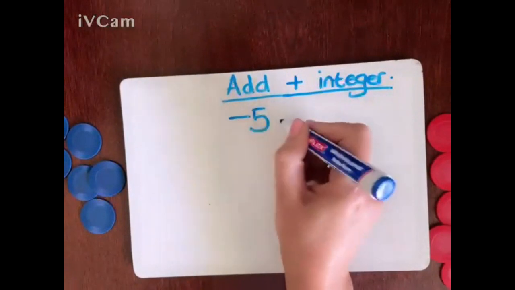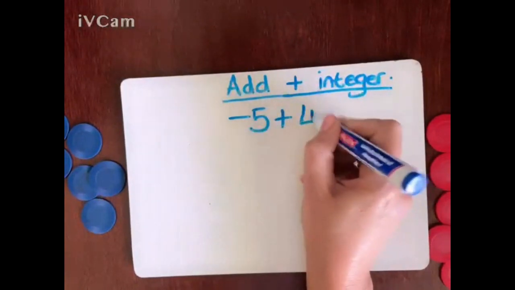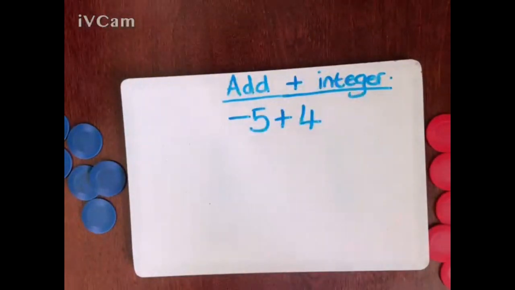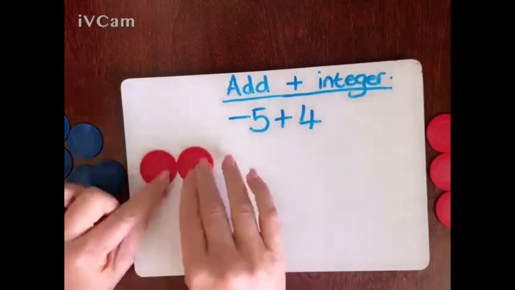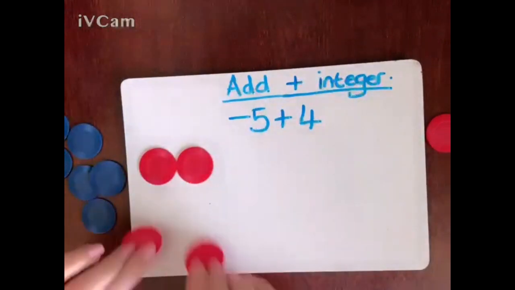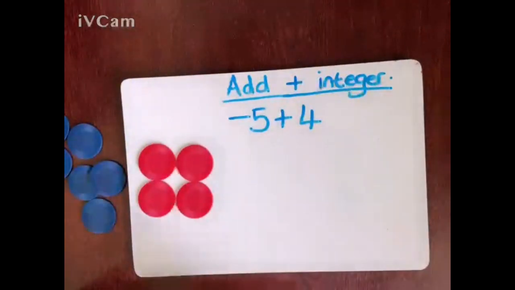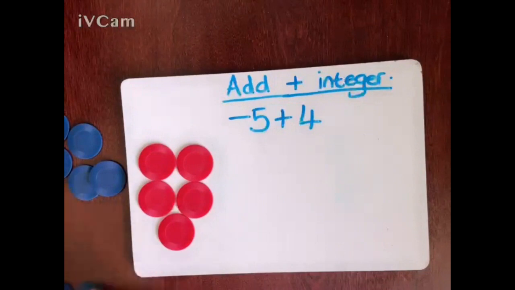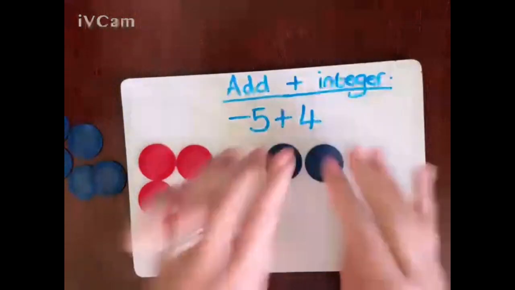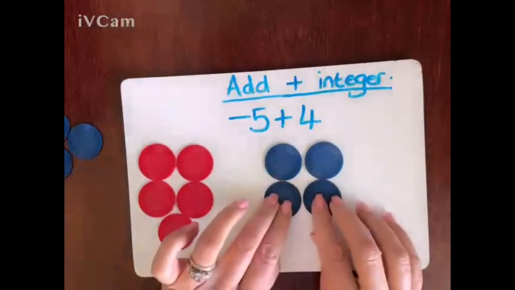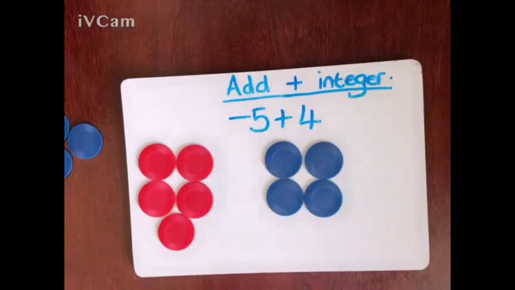So say, for instance, we are adding -5 plus 4. So let's model this. -5 means it is 5 negative discs, which are my red discs, and I'm adding 4 positive discs here. All right, now I've got this.